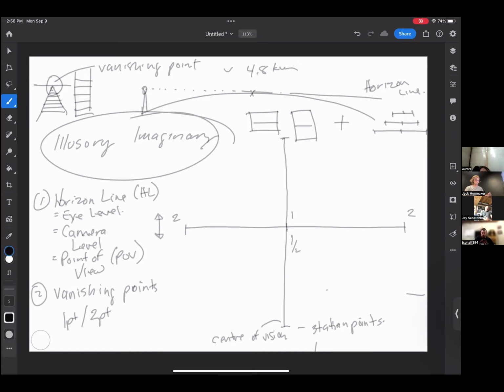You have a center of vision that tells your audience what's to the left and to the right of their center of vision. So what this means is that if I related this horizon line to your hypothetical audience's face, this is where their eyes would be, which means that the 1 point vanishing point is directly in between the eyes of your hypothetical audience.